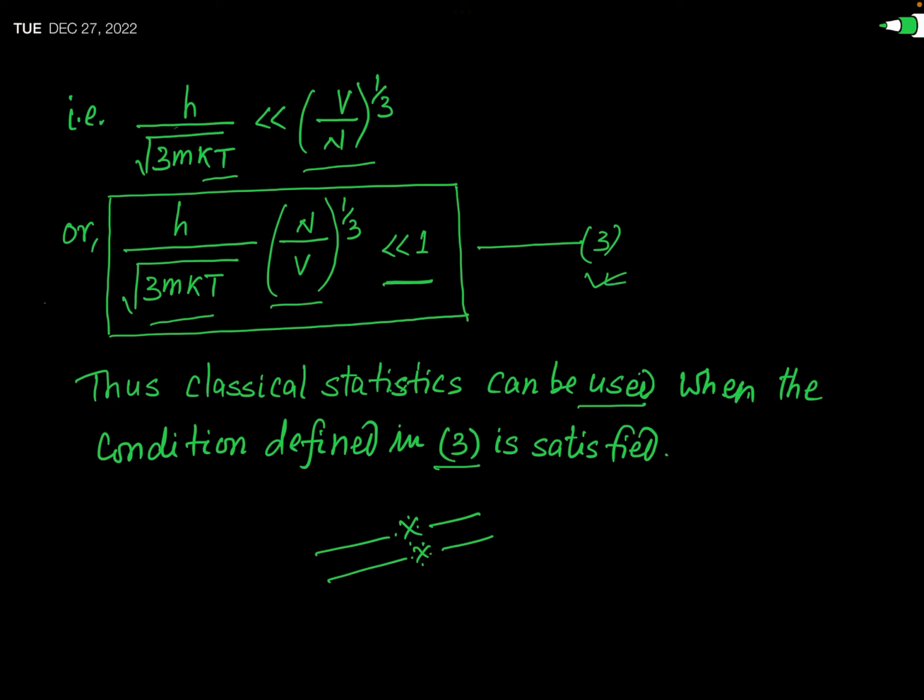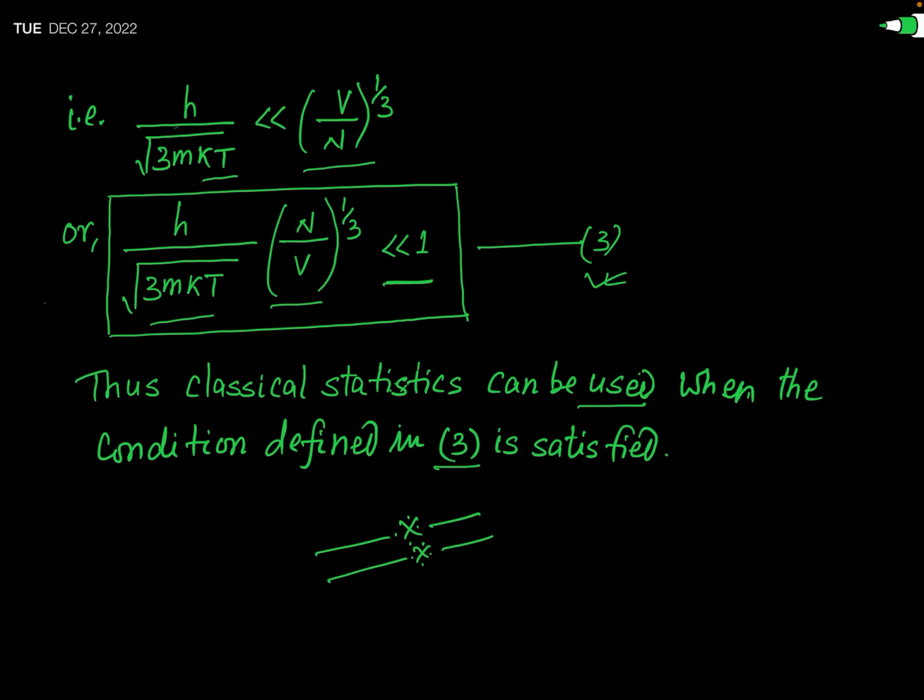This criterion is used only as a guide to decide whether we should use classical statistics or quantum statistics in a gas of identical particles. Never think that in a gaseous system we must apply classical statistics. In a gaseous system, we can apply both classical statistics and quantum statistics.